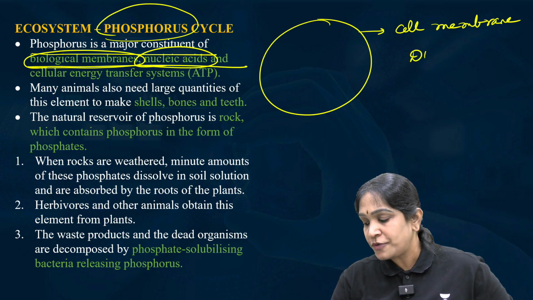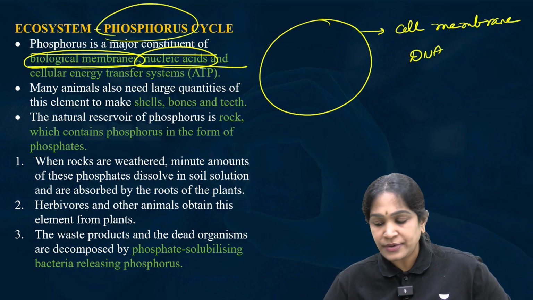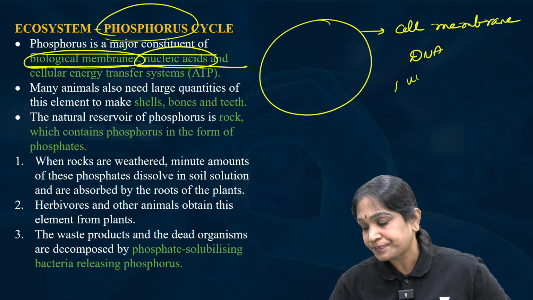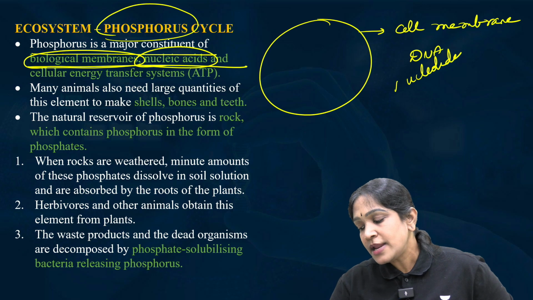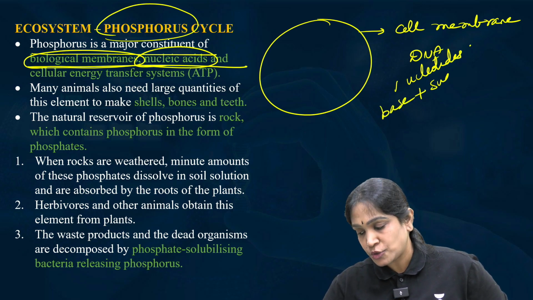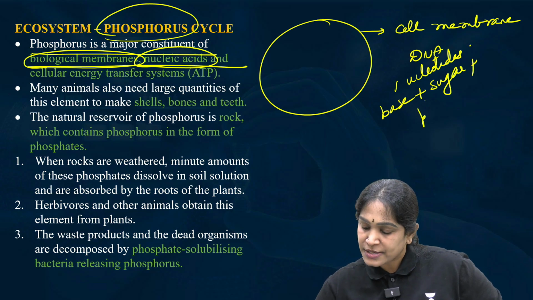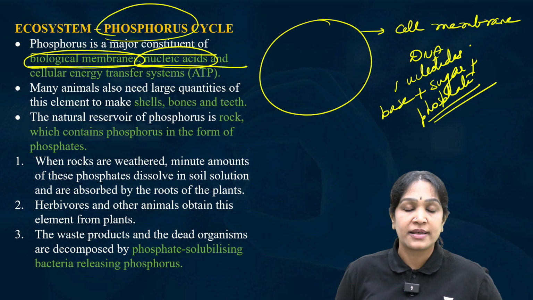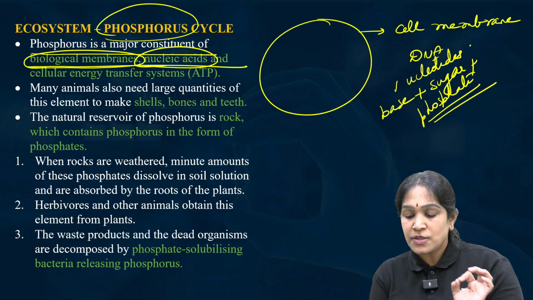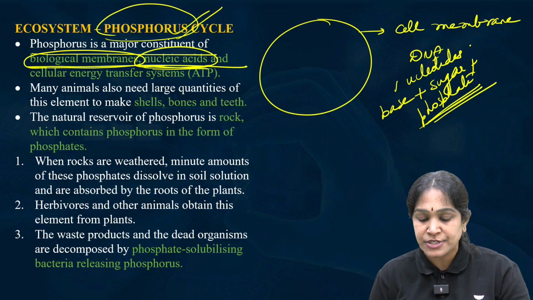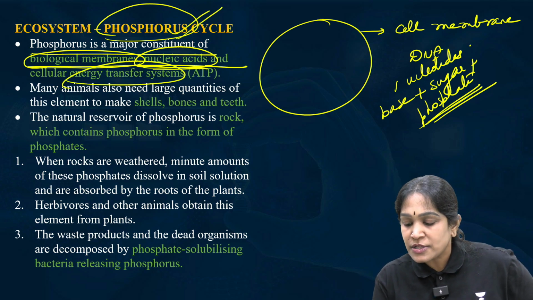We have phosphorus in the nucleic acids. For example, if you take DNA, DNA is made up of nucleotides. A nucleotide contains a nitrogenous base plus one sugar plus phosphate. These three together are called one nucleotide. DNA and RNA, that is nucleic acids, are made up of phosphorus. Phosphorus is present in energy transfer also, ATP.